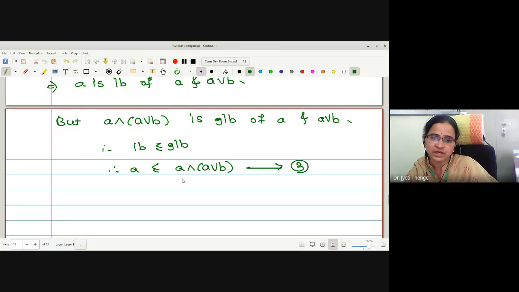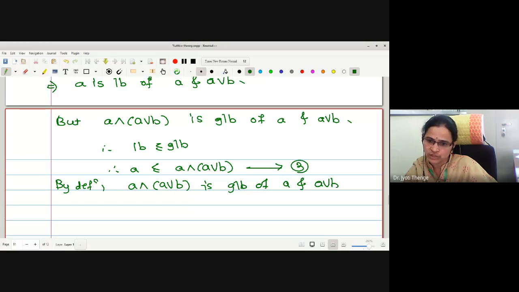Again, but by the definition, A meet (A join B) is the GLB of A and A join B. Therefore, may I write this is the greatest lower bound of A and A join B. Therefore, may I write A meet (A join B) precedes A also.